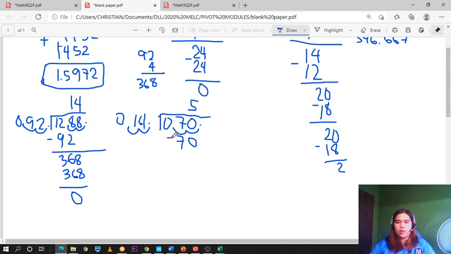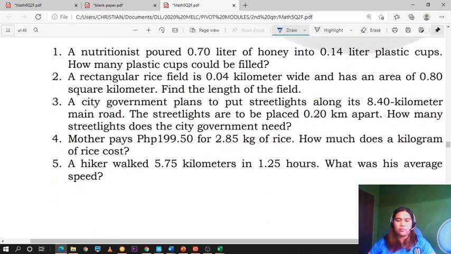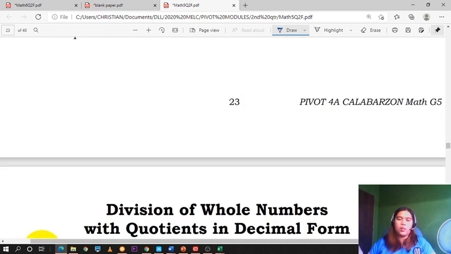And 70 minus 70 is 0. So, ang answer po is 5. Okay? So, yun po ang gagawin natin for learning task 4. So, yun po ay ipapakita nyo yung solution and then write your answers on your answer sheet. Okay, so yun lang po para sa division of decimals with 2 decimal places.